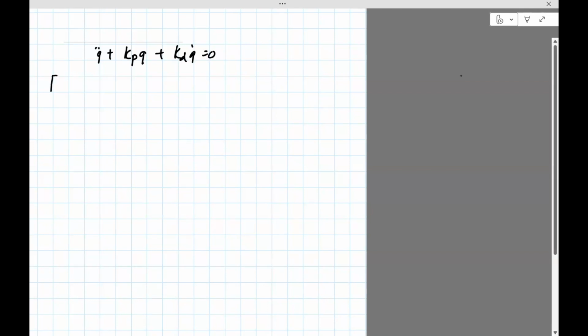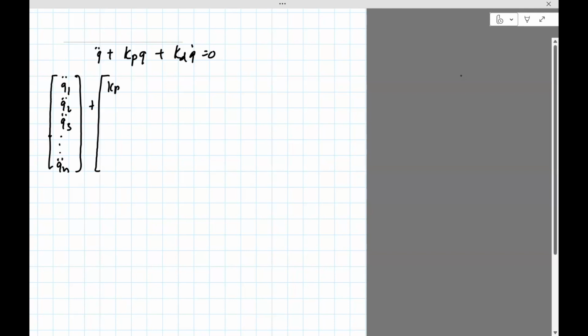So here it is. Q1 double dot, Q2 double dot, Q3 double dot, so on till Qn double dot. Okay, so here's what the Kp looks like. It's kind of interesting.